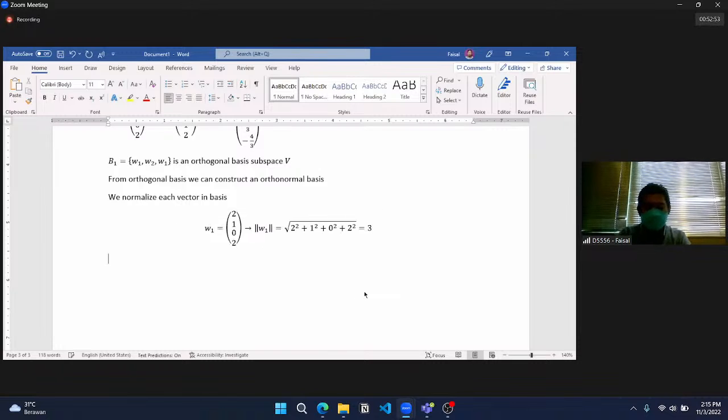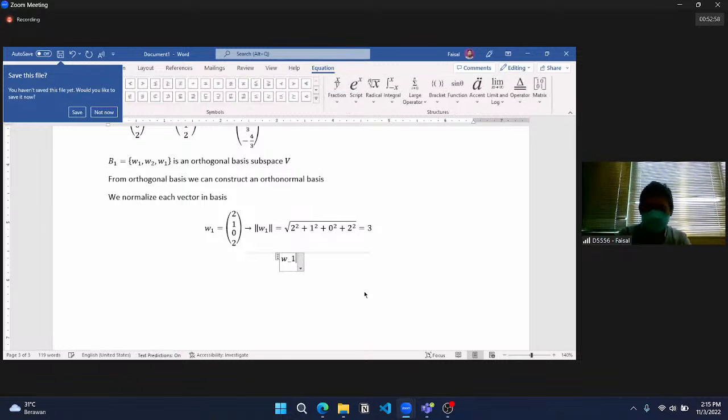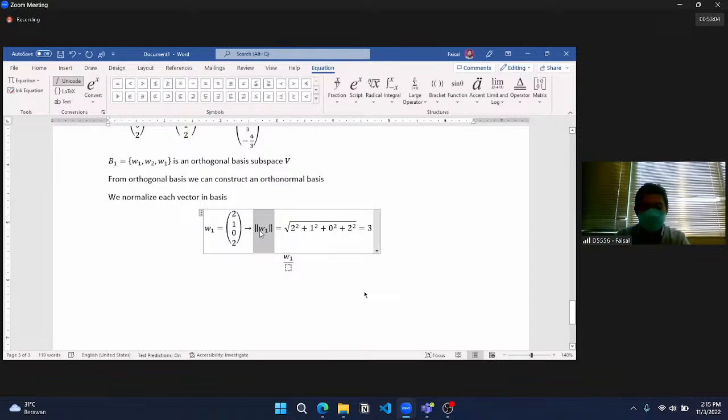And we normalize, so we divide W1 by its norm. Because the norm is 3, we get 1/3 of W1.